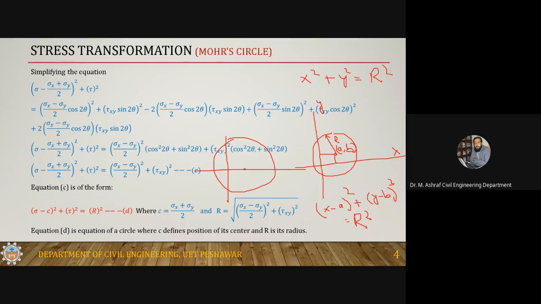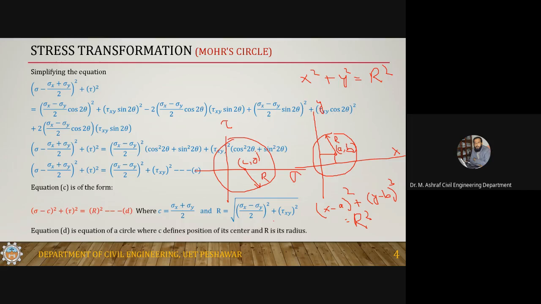If this is the sigma axis, this is the tau axis, now we are talking about the normal and the shear stresses. So this is the center point, having coordinates (c, 0), where c is (sigma x plus sigma y) by 2, and the radius is R. And R is calculated using this expression. Okay, so this is a Mohr circle.